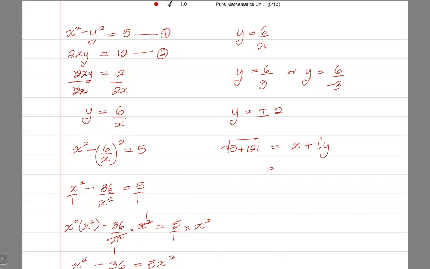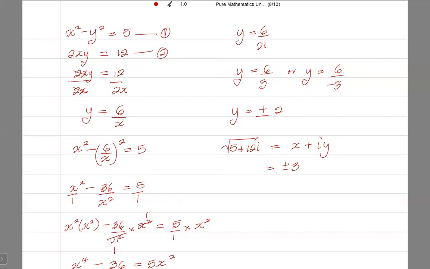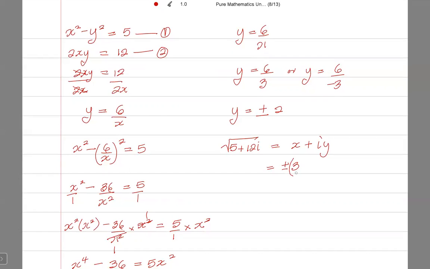So we can say the square root is equal to x, which is positive or negative 3, plus y, which is positive or negative 2, times i. And now we're at the end of the solution.